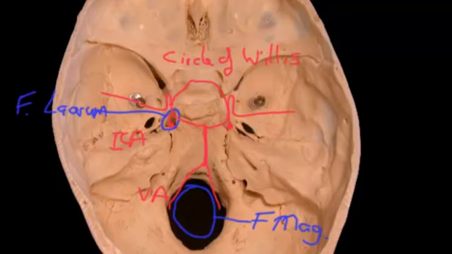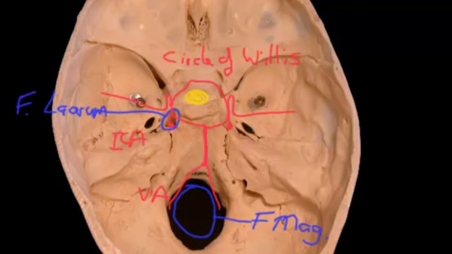And the Circle of Willis is a little arterial loop that loops around the pituitary fossa to provide blood out to the brain.